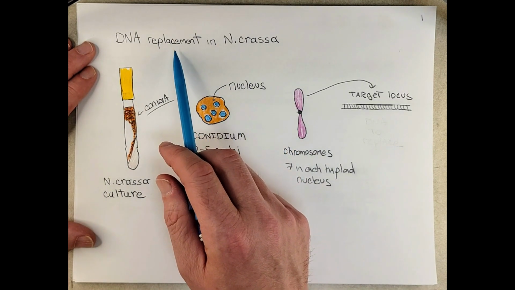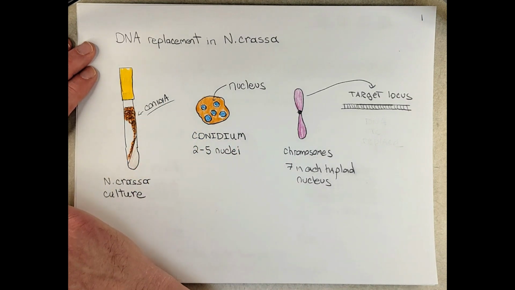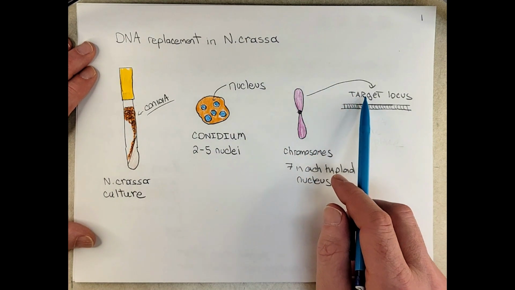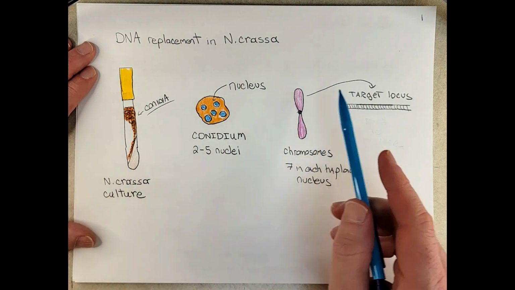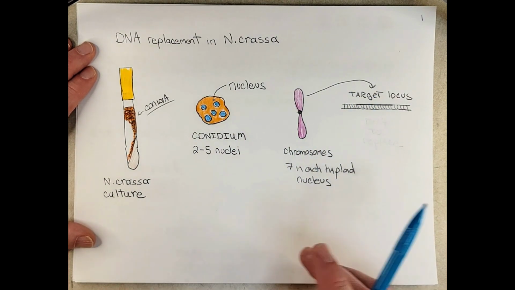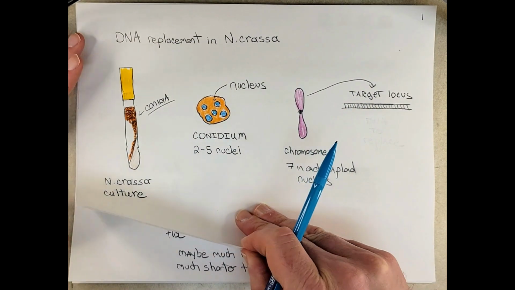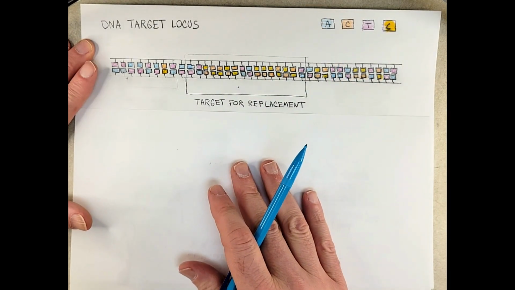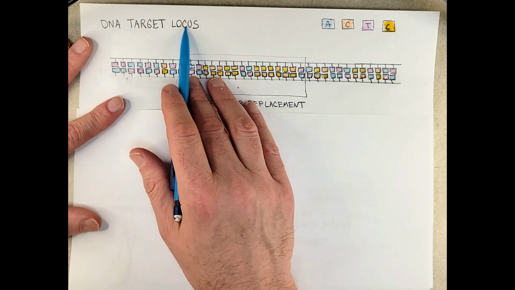Now, if we were going to replace a particular interval of DNA in the genome, we could call the DNA that we wish to replace the target locus. So here is a hypothetical target locus.